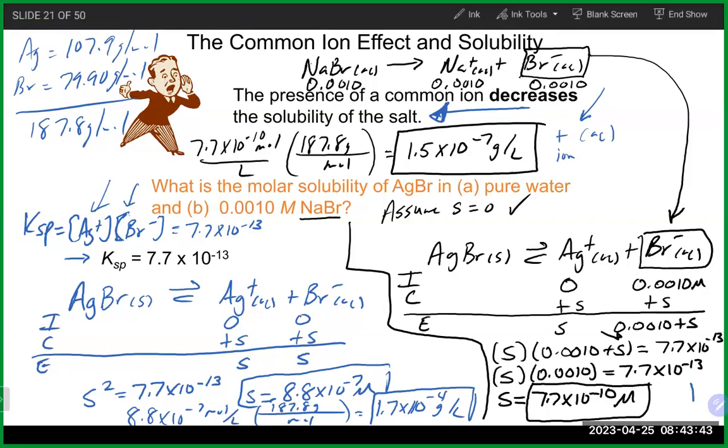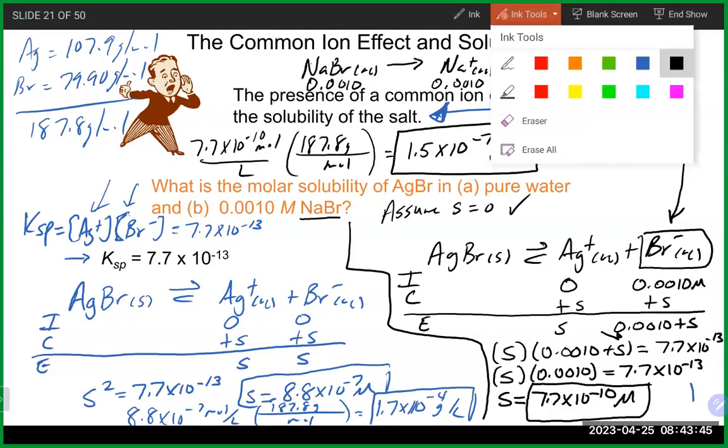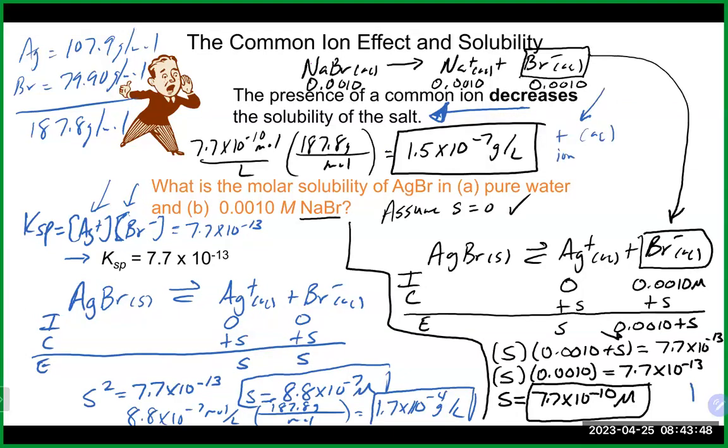In terms of comparing the solubility of silver bromide in water versus silver bromide with the common ion, which one is it more soluble in? It is more soluble in water, yes. You could dissolve basically 0.0002 grams in 1,000 milliliters, versus in the common ion, you could dissolve basically 0.00000002 grams in 1,000 milliliters of water.